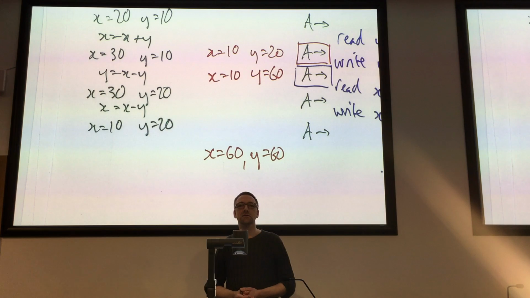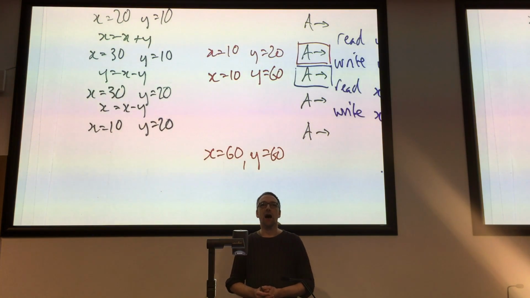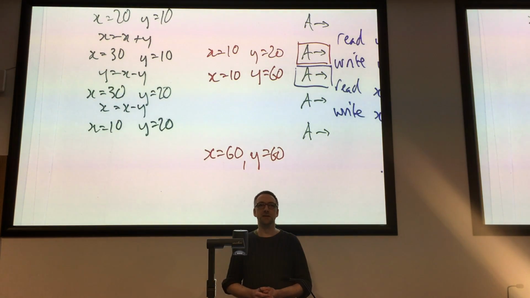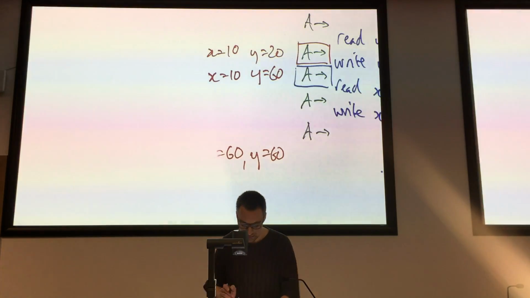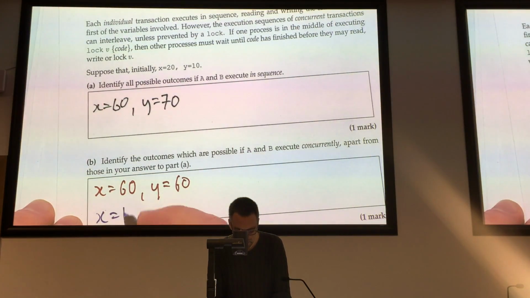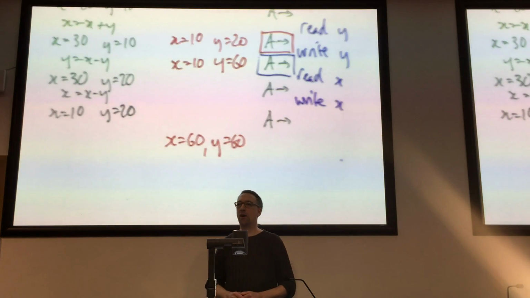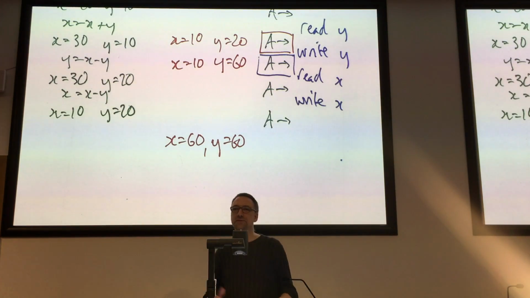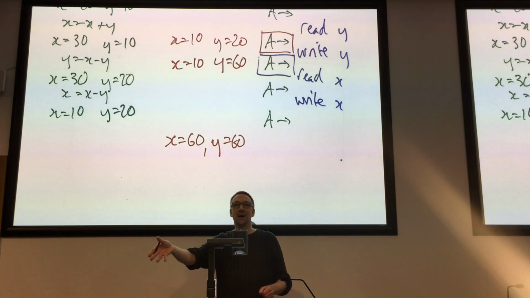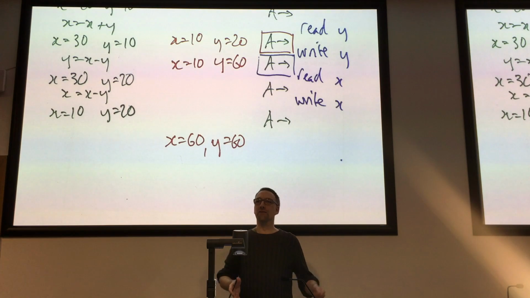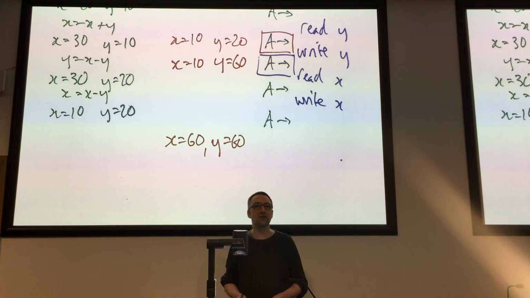Then we swap, so we've got 60 and 20, and then x gets another 50, so we've got 110 and 20. Right, the swap happened after y got 50 and before x got 50, which means x ended up with all the loot.